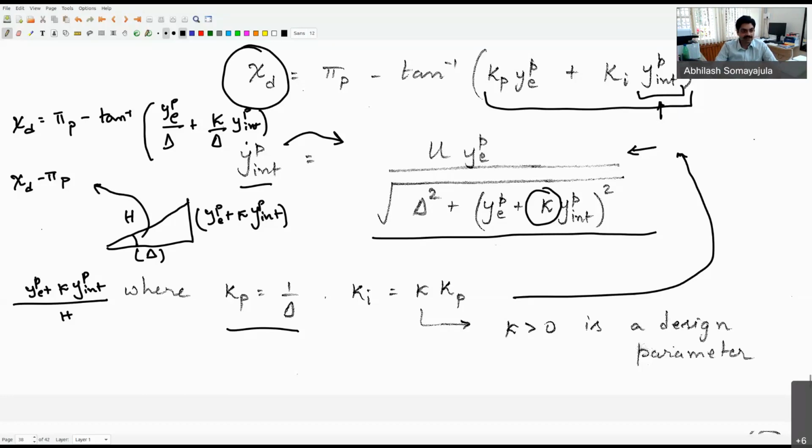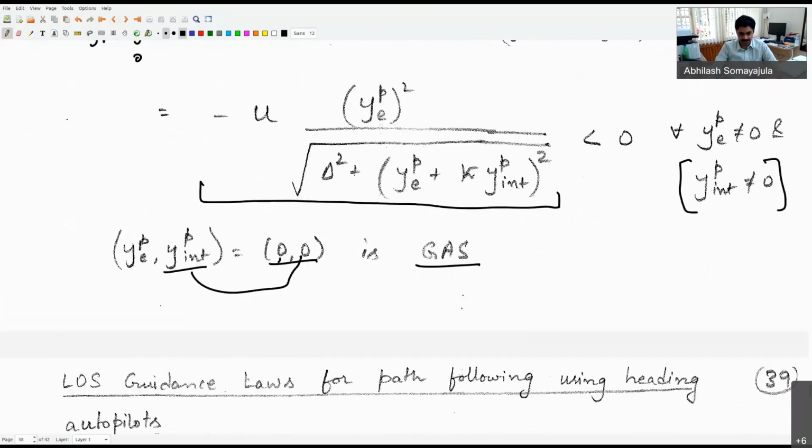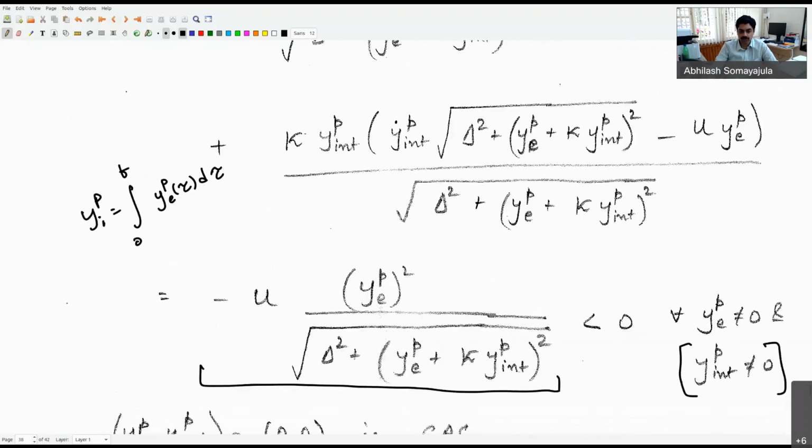All right, let me stop here. In the next class, we will look at LOS guidance schemes where you are using heading autopilot. So far we were using course autopilots, which means we are trying to get a desired course angle. Next time we'll look at what happens when we want a desired heading angle. How does the line of sight guidance scheme change?